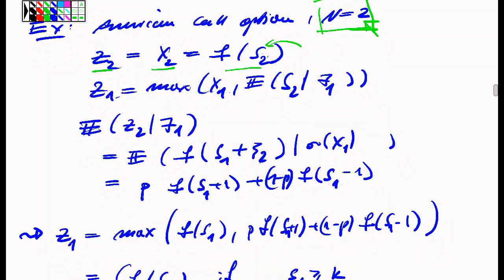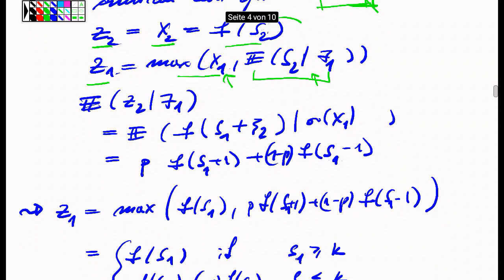Okay, that's clear. Then Z1, that's the Snell envelope one moment prior to that, is defined as the maximum of the payoff you get in case you choose to execute at time 1, which is X1, or the conditional expectation of the payoff you get if you decide to execute a moment later, or in other words, to play on. So it's the conditional expectation of Z2 given F1.